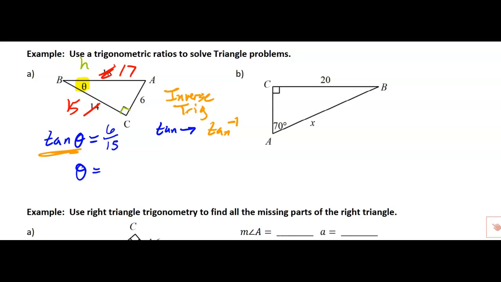So I'm inversing both sides of my equation. So that goes away. That leaves me with my angle. And then over here, what I have is the inverse tangent of 6 over 15.